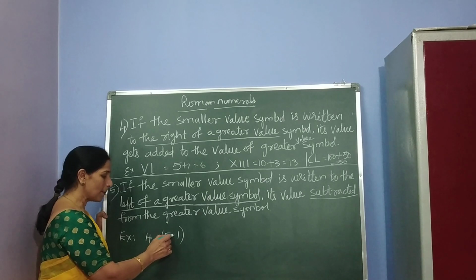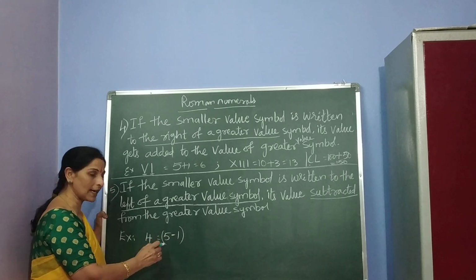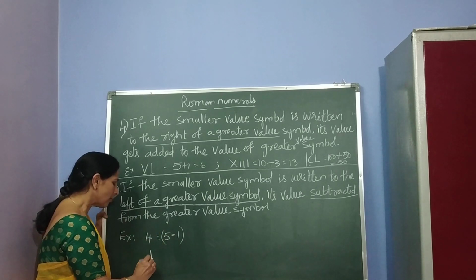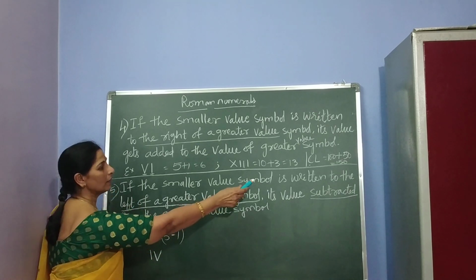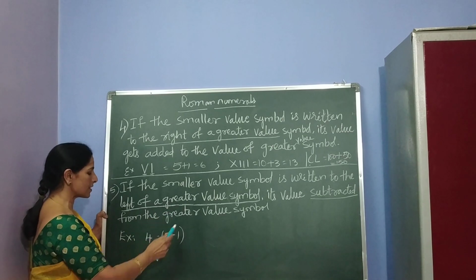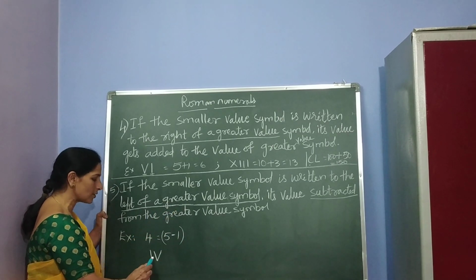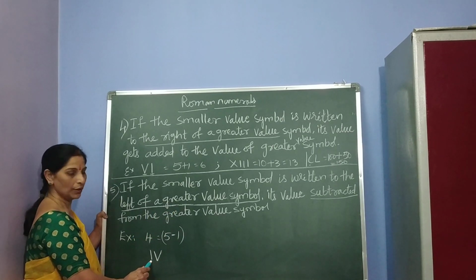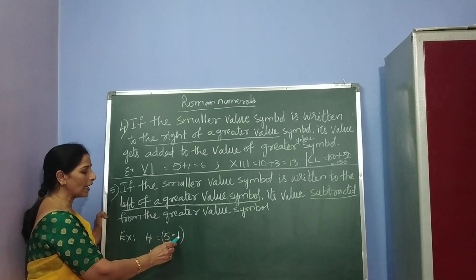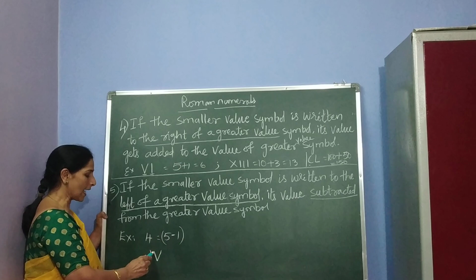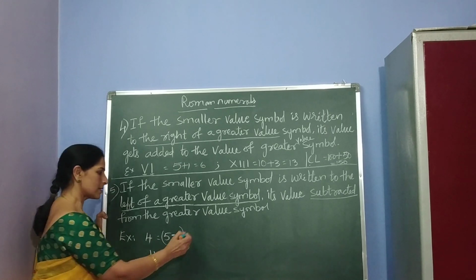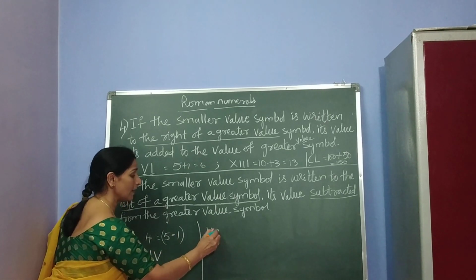Here, when we are subtracting, V, what is the rule? When the smaller value is written to the left of a greater value, the smaller value will be subtracted from the greater value. IV.